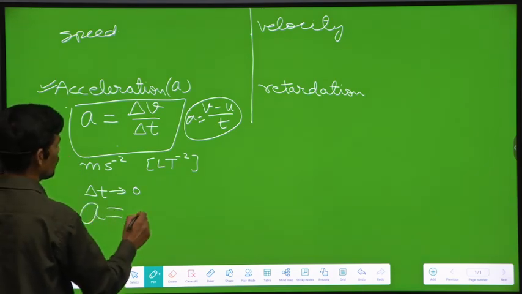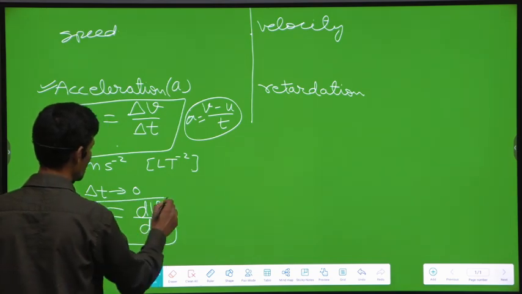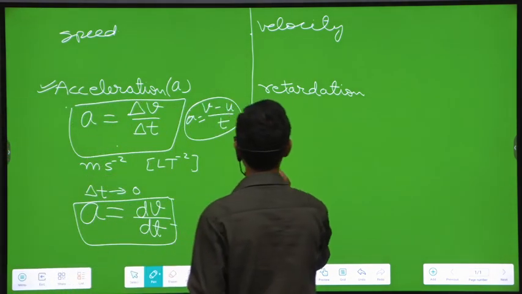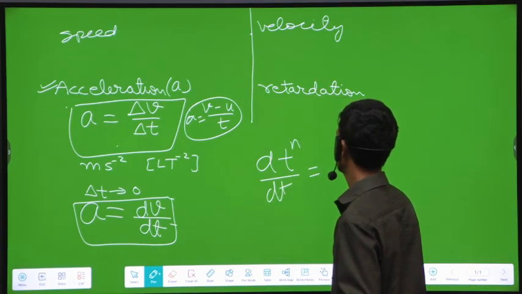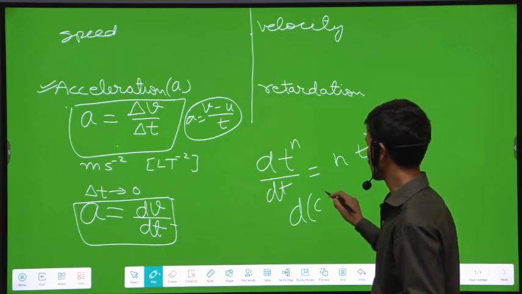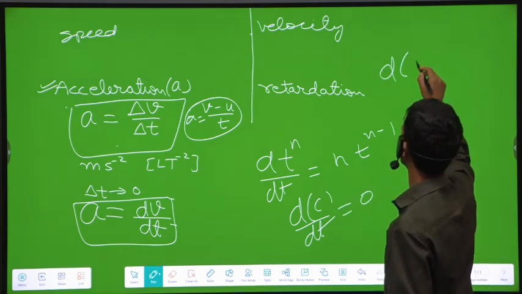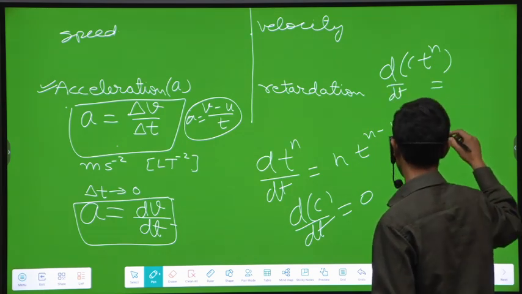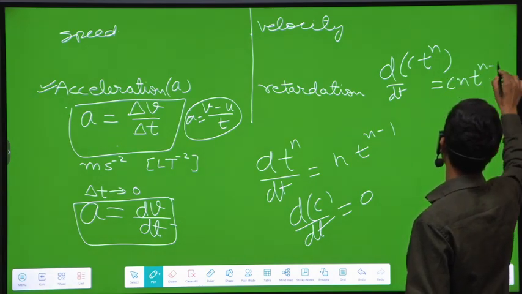Then a will be replaced by dv by dt, and this is not just ordinary mathematics, it follows certain rules. What are the rules? d of t to the power n by dt is n t to the power n minus 1. d of some constant by dt is 0, and d of some constant times t to the power n by dt is equal to c n t to the power n minus 1.